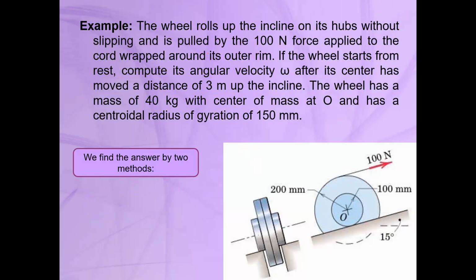Here we have a wheel which rolls up the incline on its hub without slipping and is pulled by the 100 Newton force applied to the cord wrapped around its outer rim.